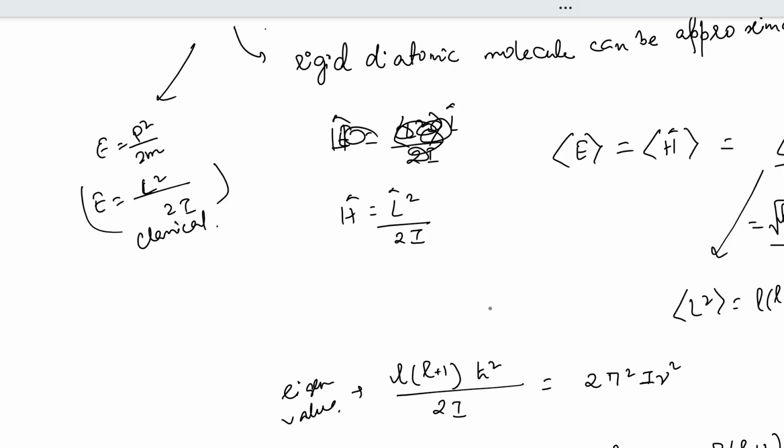You can write the L square eigenvalue as L into L plus 1 h cut square divided by 2I, which is equal to 2 pi square I nu square. This is 4 pi squared I square nu square equal to L into L plus 1 h cut square.